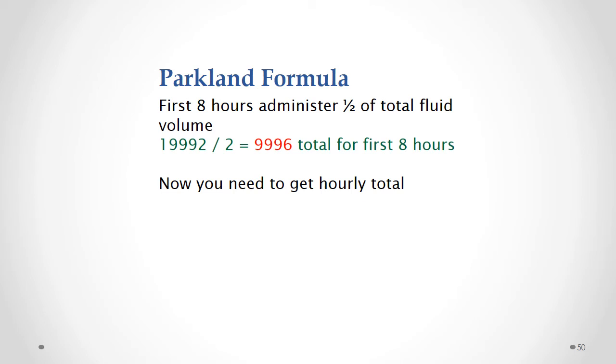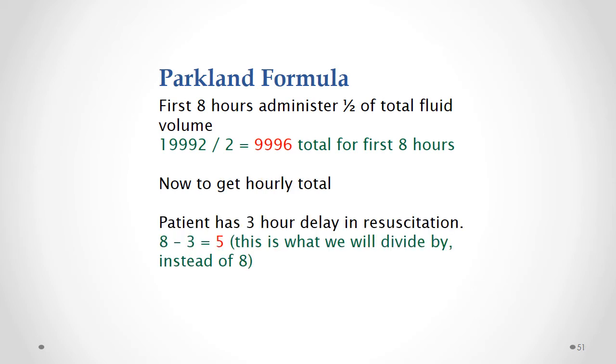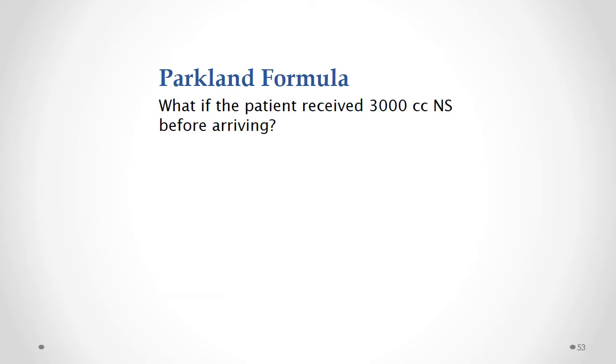But remember, he came to our ED 3 hours after the initial burn injury. So now we have to take 8 minus 3 and get 5. So we're going to divide 9,996 by 5 and come up with almost 2 liters an hour for fluid. That's what we need to be giving him for the next 5 hours. And then at the 9th hour, we're going to decrease that.